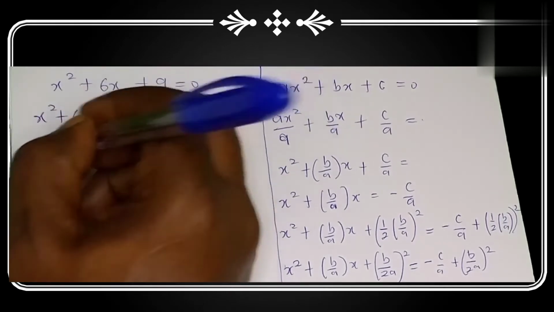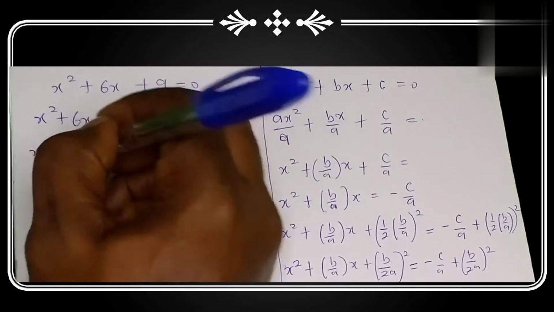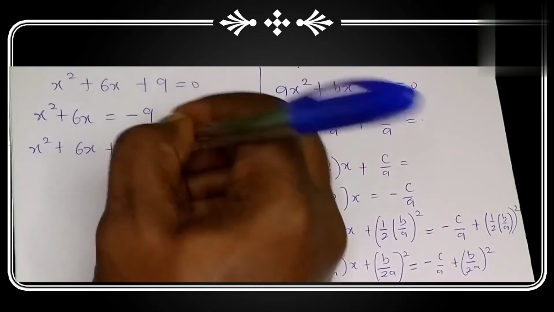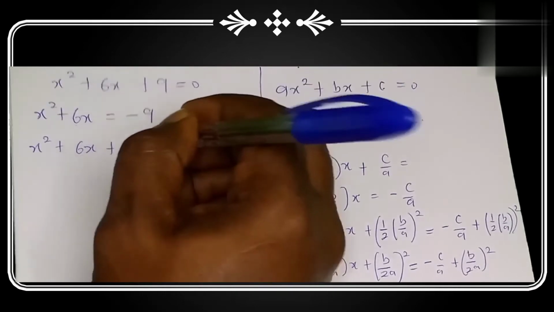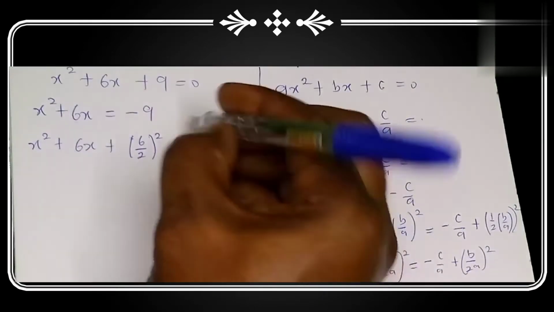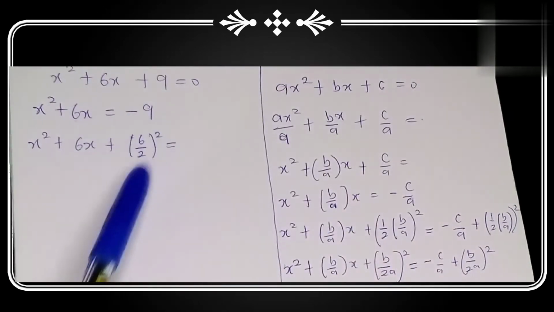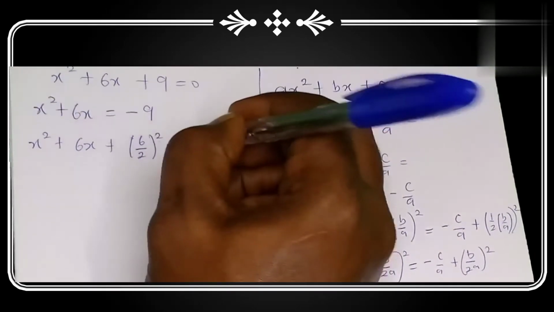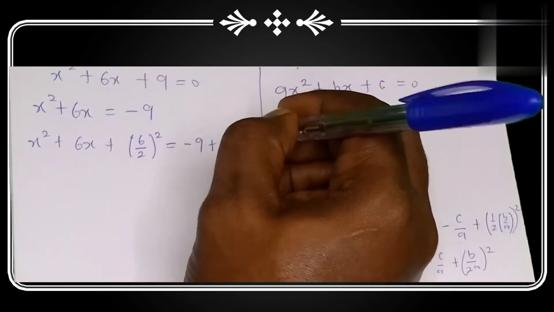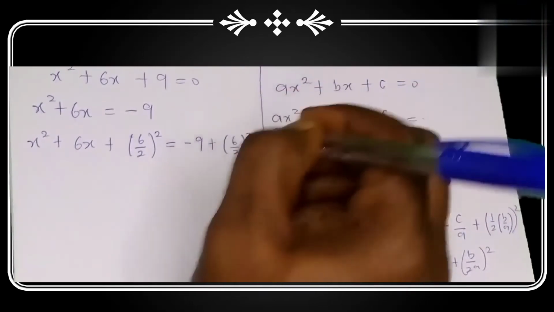x squared plus 6x plus 6 over 2. That is, we are squaring half of the coefficient of x. So 6 over 2 all squared equals minus 9 plus the same 6 over 2 all squared.